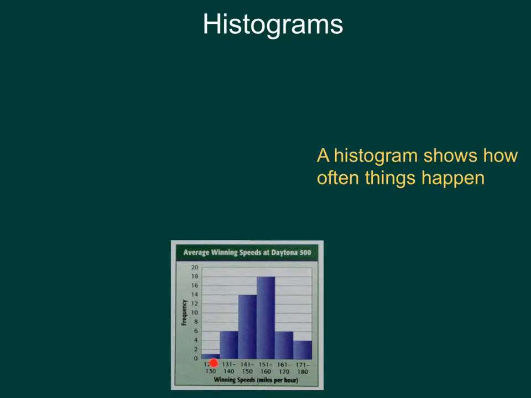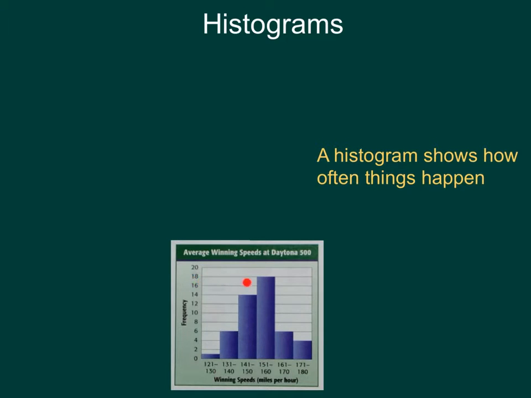So we can see that one time the winning speed was between 121 and 130 miles per hour. Now if I look at this, 6 times right here, the car that won was going between 131 and 140.